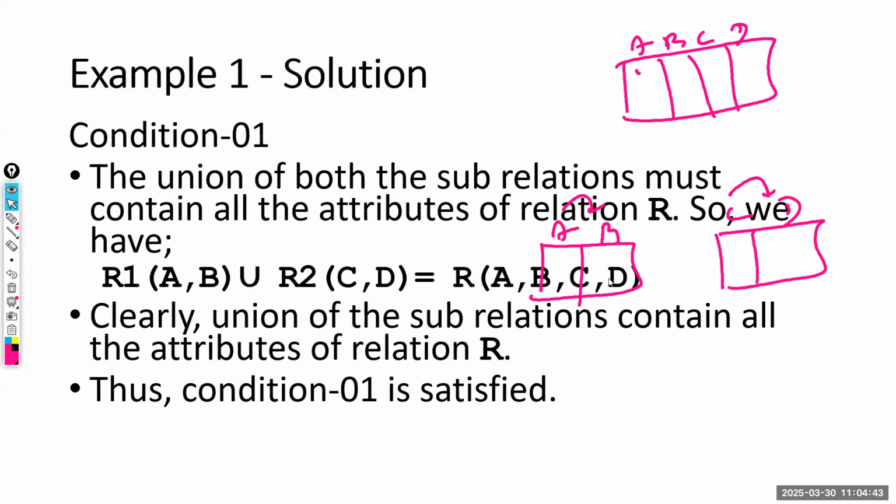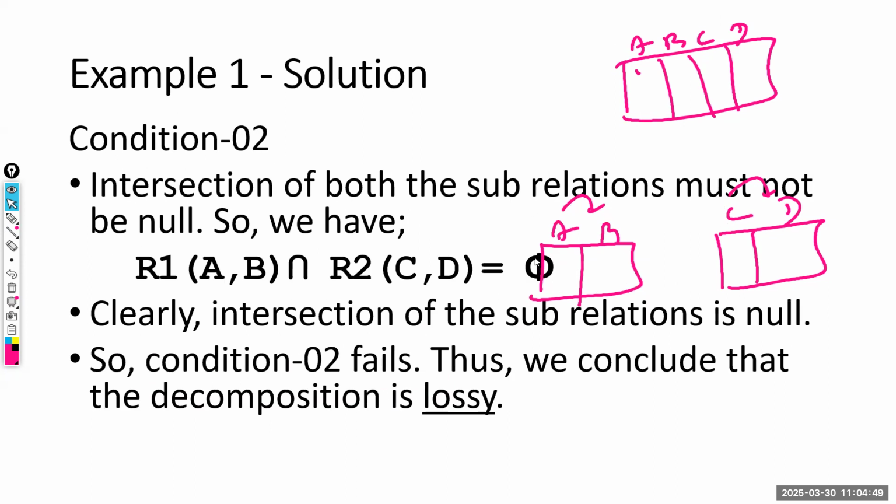Condition 1 is okay because your union has all the fields. But the intersection is empty, so there's no way we can join and get data. Therefore, this is lossy. You don't need to check the third condition because the second condition has failed.